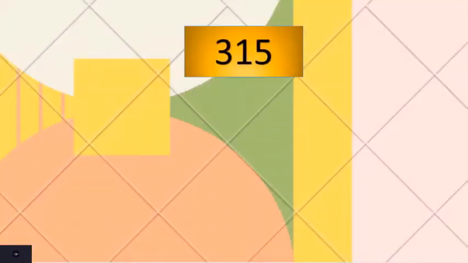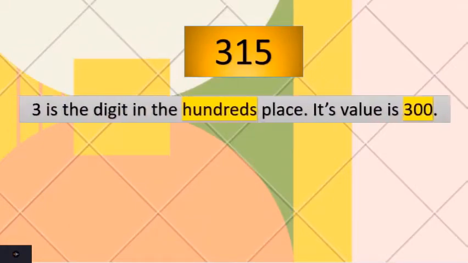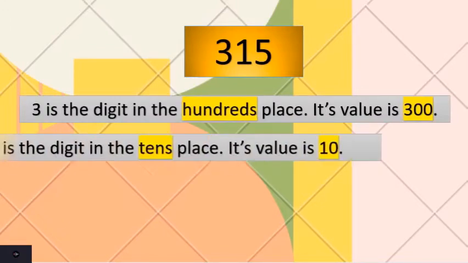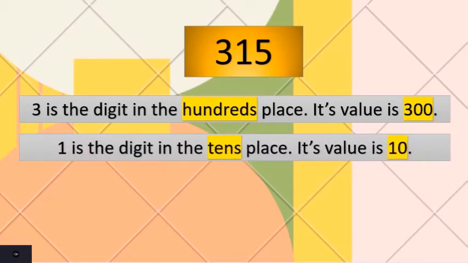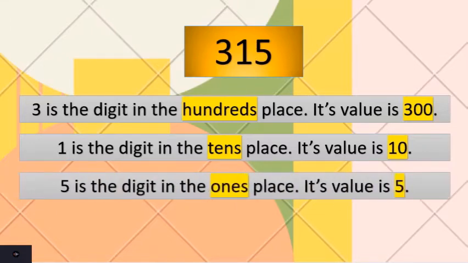We have here 315. 3 is the digit in the hundreds place. Its value is 300. 1 is the digit in the tens place. Its value is 10. 5 is the digit in the ones place. Its value is 5.